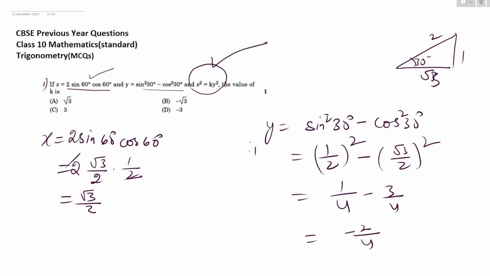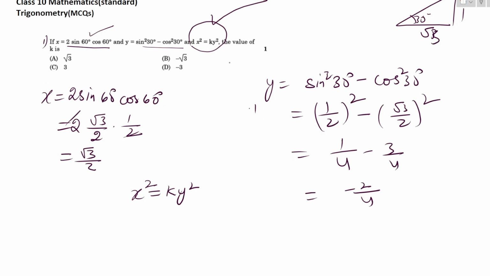Now after finding the x and y values, we will substitute them in the given relation, which is x square is equal to k y square. The value of x square here is root 3 by 2 whole square, equal to k times y square, which is minus 2 by 4 whole square.